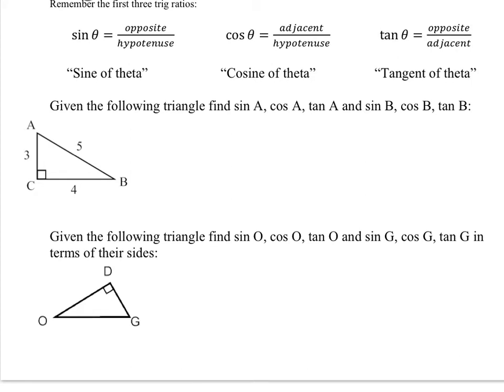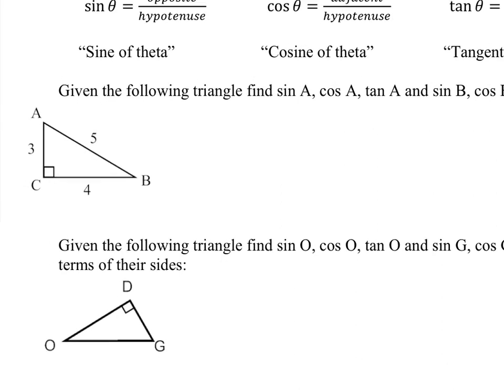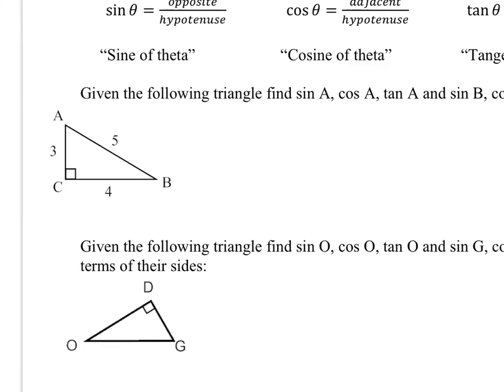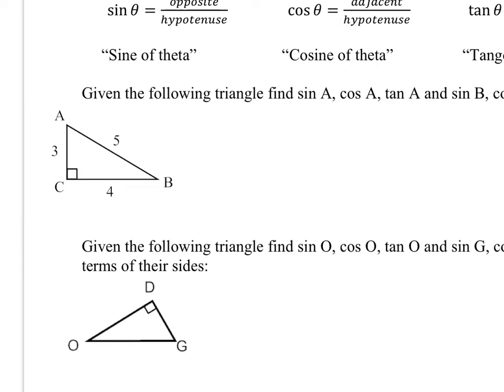When I say this, do the first ones with A first, please. Okay, so use this angle first, and then do the B, because the adjacent and the opposite are going to change when you change the angle. So here's sine of A, so let's say that's the angle we're talking about.